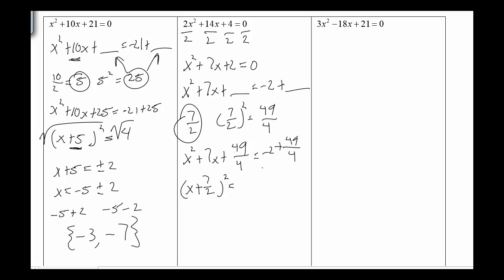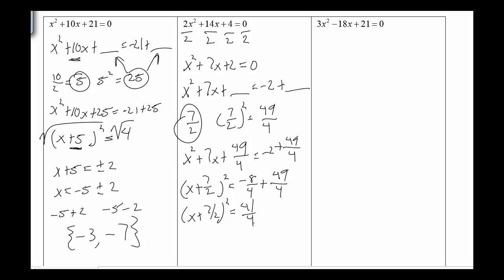Over here, we have negative 2 plus 49 fourths, so I'm going to rewrite that as negative 8 over 4, is what I want. And, alright, so that would be x plus 7 halves squared equals 41 over 4.